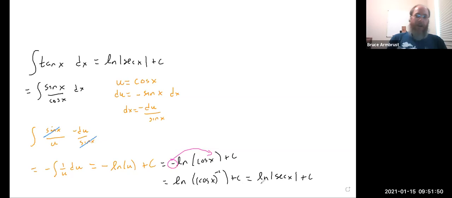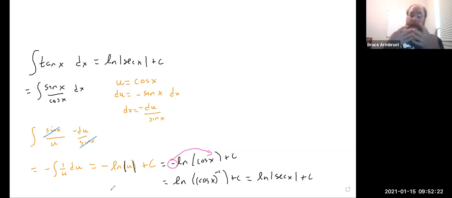Now, you probably saw that along the way I threw in some absolute values. And that's because technically back here, when we did the integral of 1 over u, it's technically the absolute value of u. I don't know if you remember that from back in the day, but we'll set the record straight here for sure. Everybody sees it. When you integrate 1 over u, you actually get the natural log of the absolute value of u.